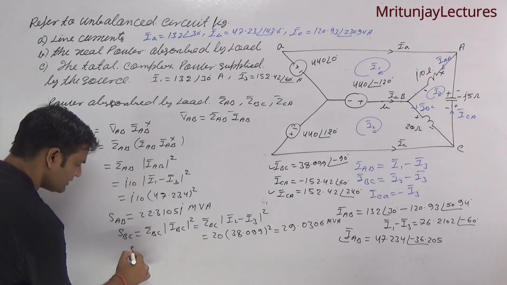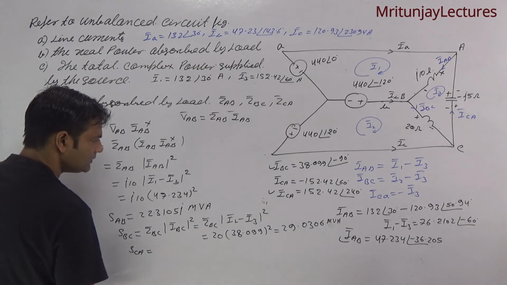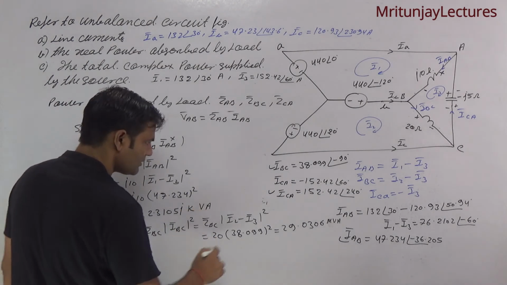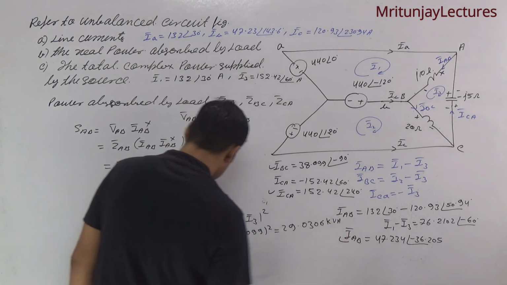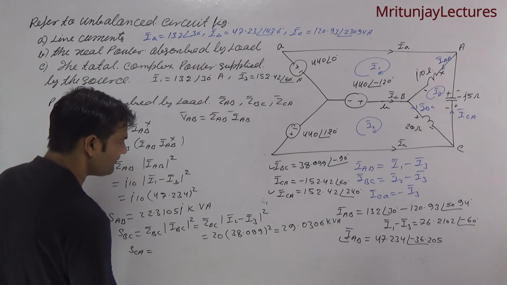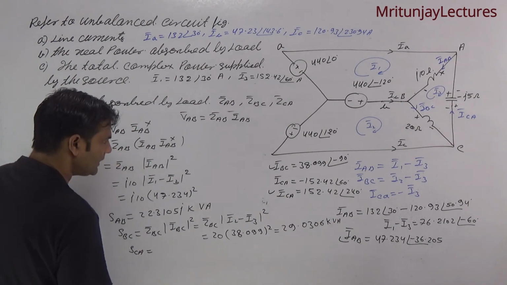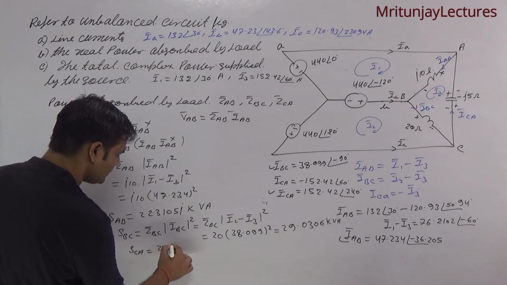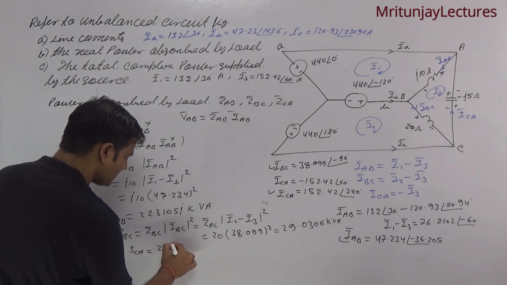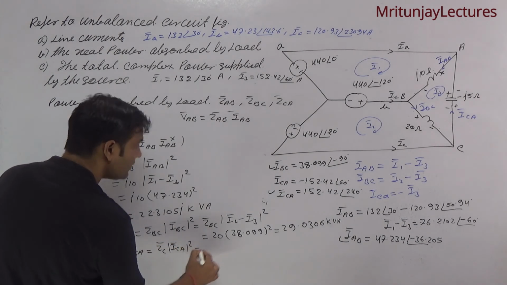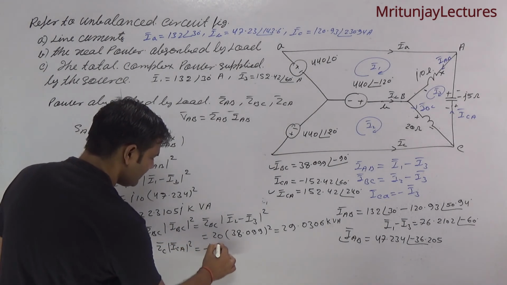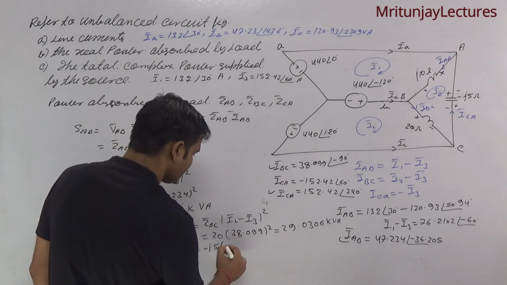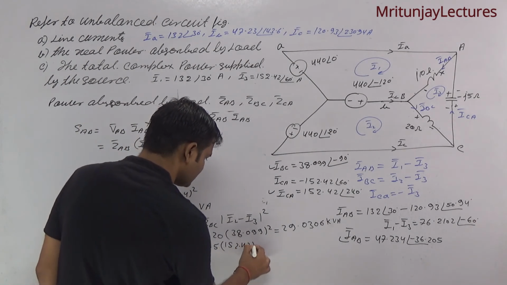Now next one, CA, not MVA, it is kVA. Okay, what about CA? CA is ZC into mod of ICA squared, that is minus J5 into ICA, that is 152.42 to the whole square.